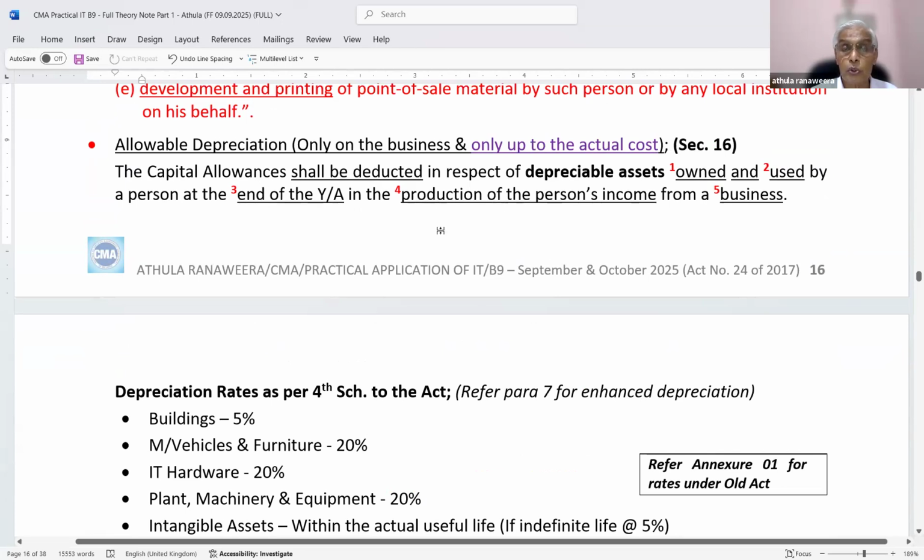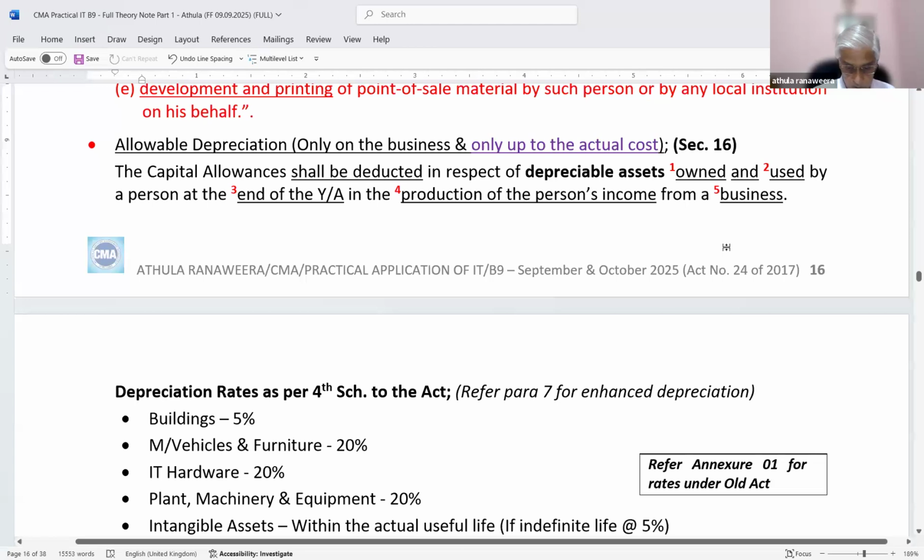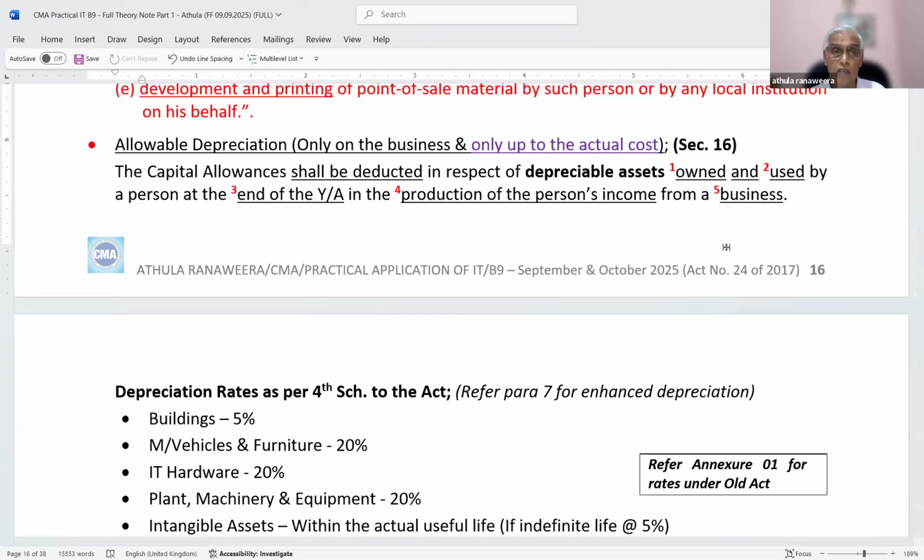Then you have to use it for the production of that person's income, and only business income. If you have fulfilled all 5 conditions, you are entitled to claim the capital allowances, only if it is a depreciable asset.